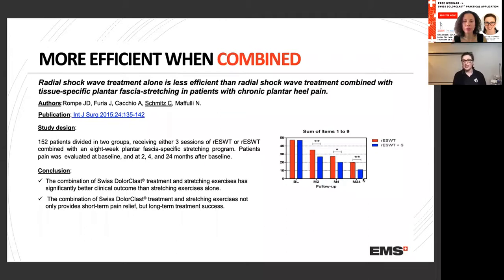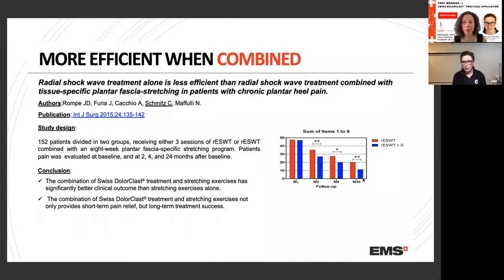Okay, it's efficient and it's safe. I wanted to add this in just to reinforce that for lots of different conditions that we see, this is a systematic review that was done, and these articles are all available on the PEDro database for you to read. Basically, it's saying that it's a great treatment to help with musculoskeletal conditions.